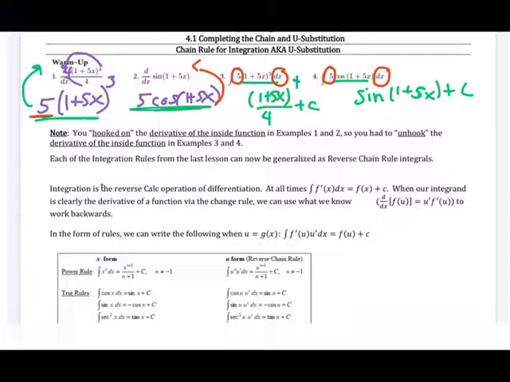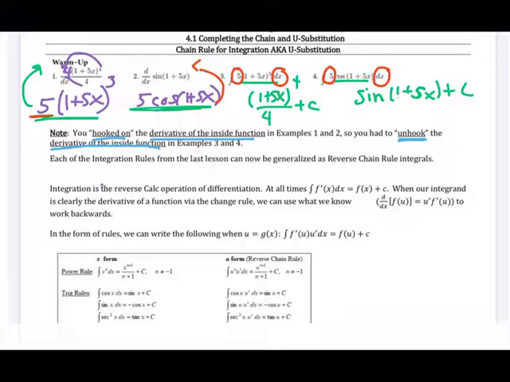So that is being hooked on when we perform the chain rule. So when we are undoing the chain rule, originally we hooked on the derivative of the inside function. When we're integrating and we're undoing the chain rule, we need to unhook the derivative from the inside of the function. So the dx basically unhooks that. It allows us to get rid of it because we're undoing the chain rule, which means we get to get rid of that piece.